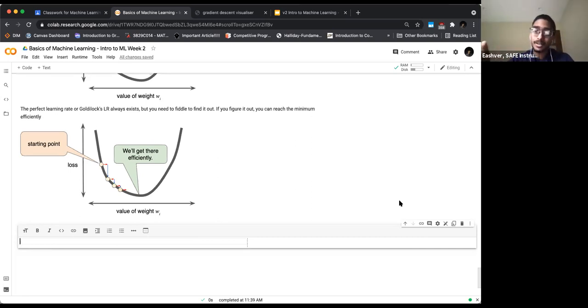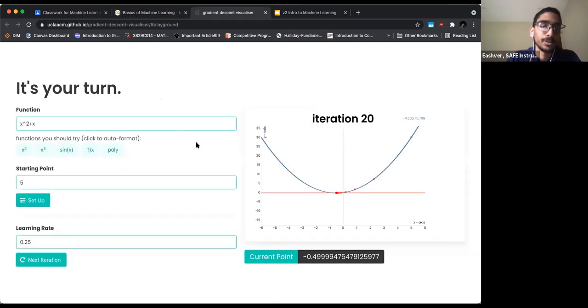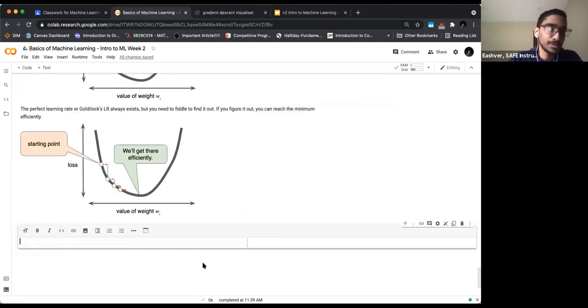You can't really calculate it from the learning rate since every graph is different. It's more of a thing that you try out. So what I'm expecting you to do here is set the point, right? And then click the next iteration a bunch of times until you reach it and it says iteration 14. Hey, that's the answer to the question.